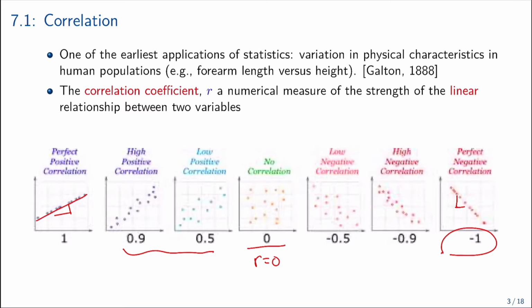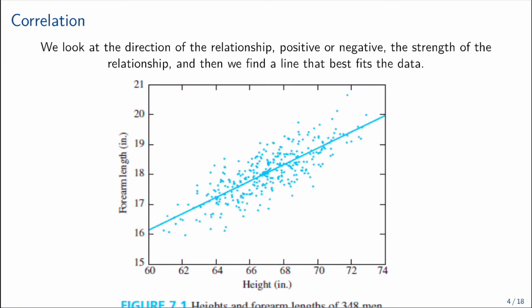However, the correlation doesn't tell us any information about the slope or the equation of the line. So in that order of ideas, what we should do when we get some data is that first of all, we plot the data as scatter points. Second, we compute R. So R is going to tell us how good is the linear relationship.